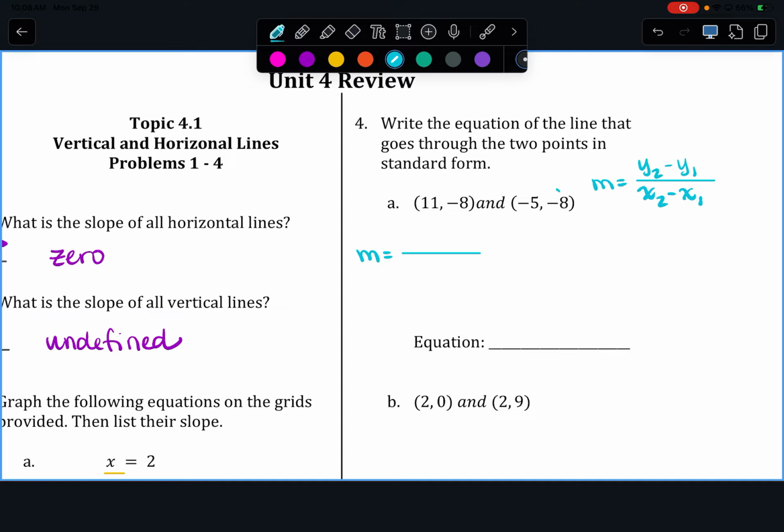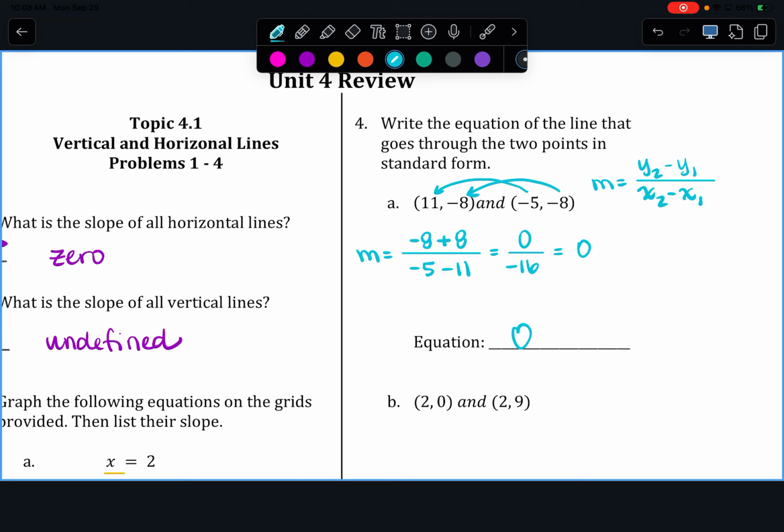If I do y2 minus y1, that's going to give me -8 minus -8, so it's going to create a double negative. And then on the bottom, I'm going to have -5 minus 11. So I'm going to end up getting 0 over -16, which is 0.